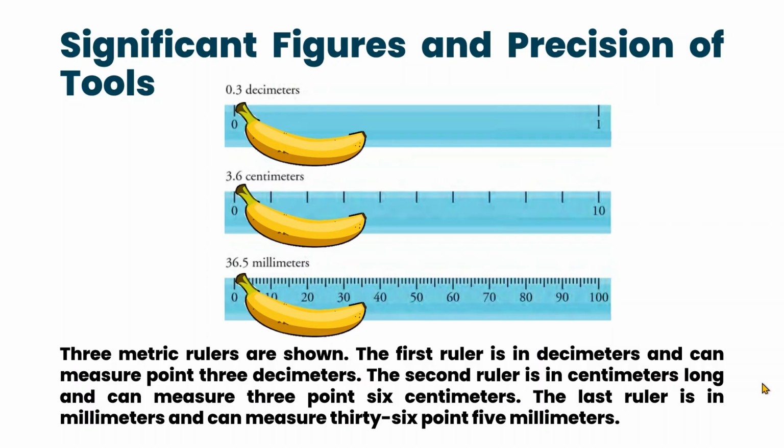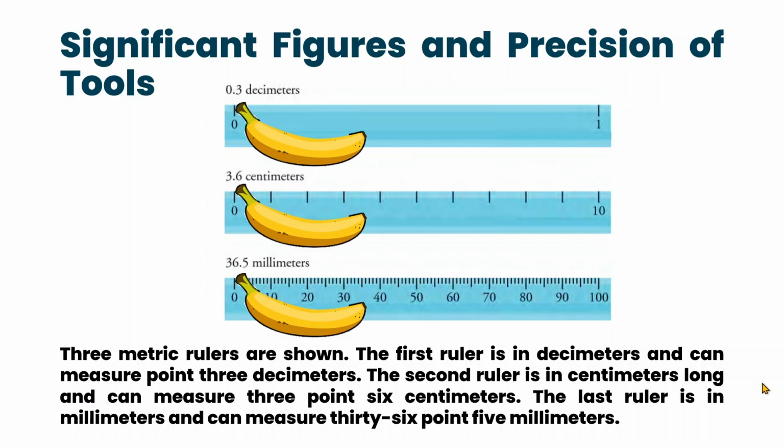So three metric rulers are shown. The first ruler is in decimeters and can measure 0.3 decimeters. That is just a rough estimate actually. You can have a different measurement if you think that this is not 0.3 decimeters. The second ruler is in centimeters and can measure 3.6 centimeters. Again, this is just an estimate. You can have your own guess.